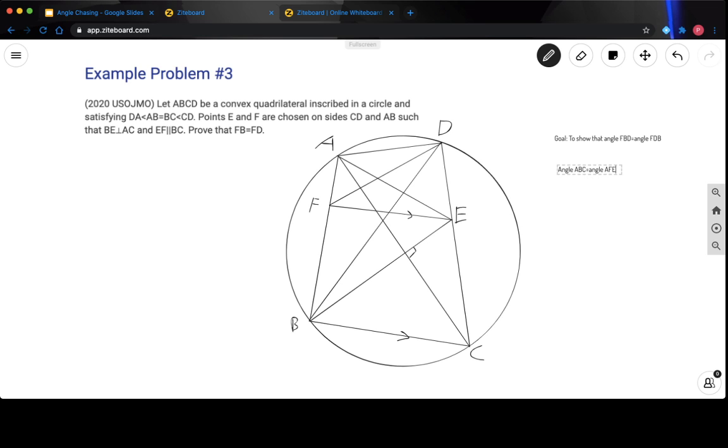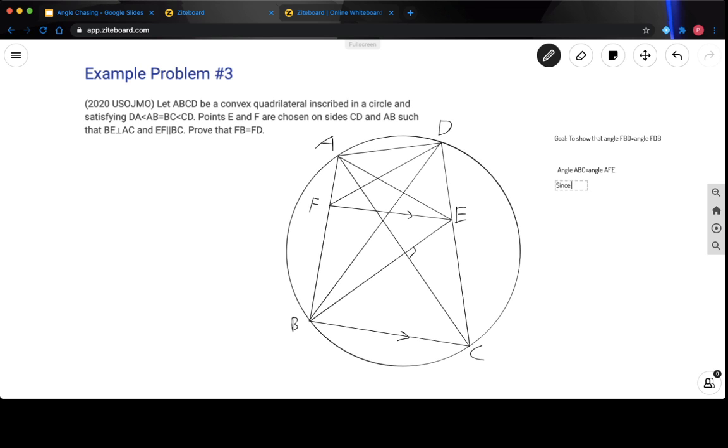But also remember from our properties of cyclic quadrilaterals, angle ABC is supplementary to angle ADC. Since we also know that angle ABC is equal to angle AFE, this means that angle AFE is supplementary to angle ADE.